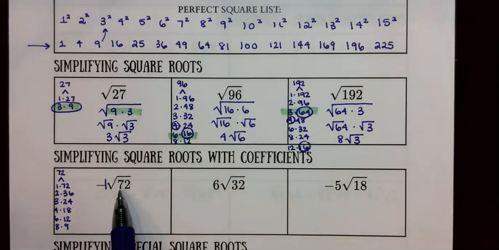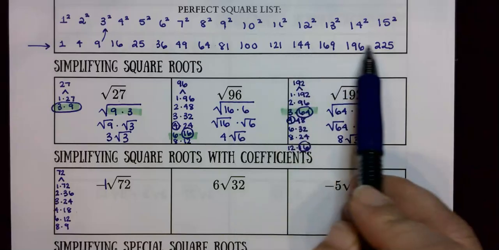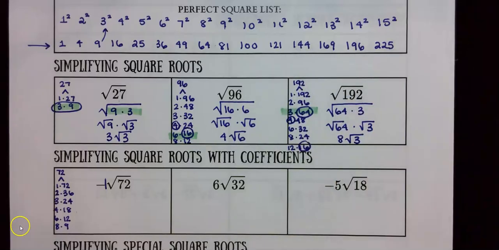From here, we're going to replace the 72 with one of these factors. I'm going to remind you that you might run into multiple perfect squares in this list. We want the biggest one. So as you're looking at this list, identify all the perfect squares, and if you forget which ones they are, look at your list and find the biggest one.